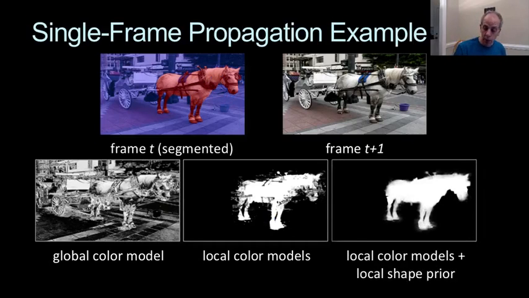And here we see what we get when we combine both locality and shape and color priors. We get a very nice prior that, as I said before, with an algorithm like GraphCut, immediately gets the nice segmentation, and we propagate the segmentation to the next frame. So both local and combining shape and color is very important to get these accurate segmentations.